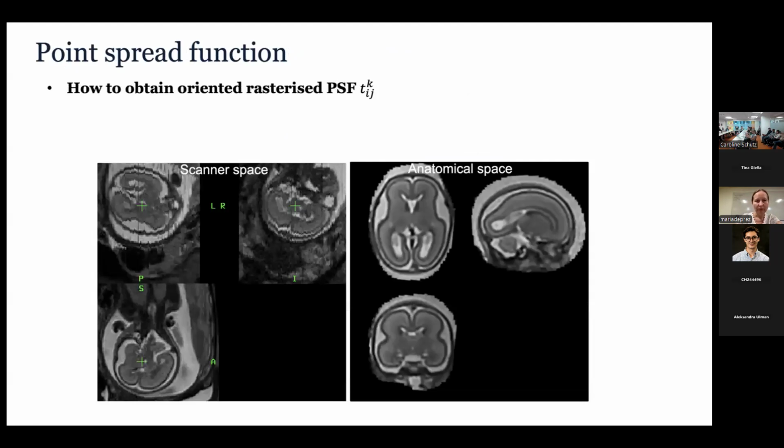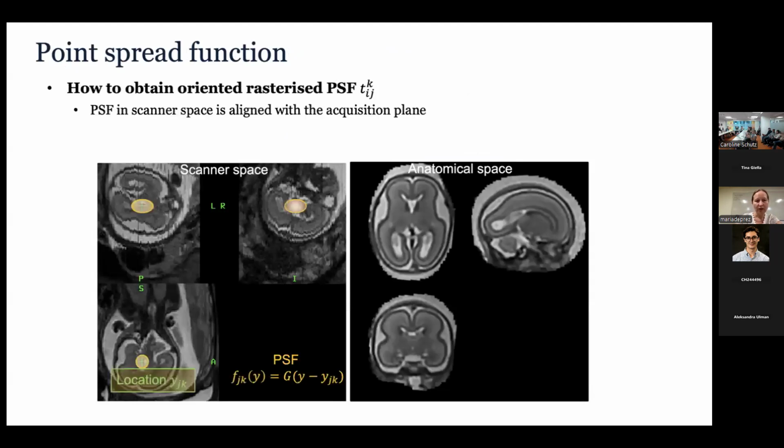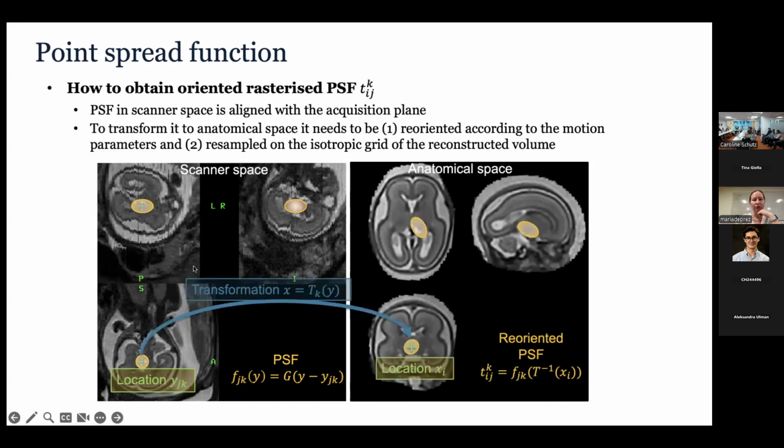About the point spread function, this is how we design it. Because we chose a 3D Gaussian, if you are in the scanner space, it will always be aligned with the plane of the acquisition of the slice. Through plane, we have the larger axis, and the smaller axes are in plane, as you can see here. Then we have the transformation to the anatomical space, and once we transform it, you see that the point spread function becomes oblique towards the volume. Then we also have to rasterize it on the volume.